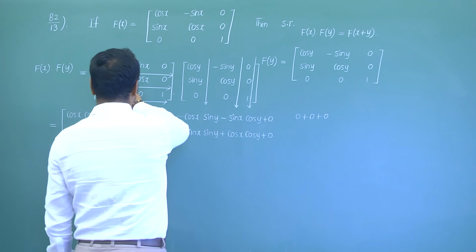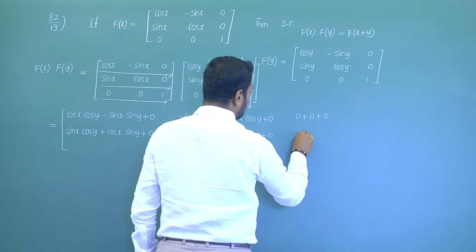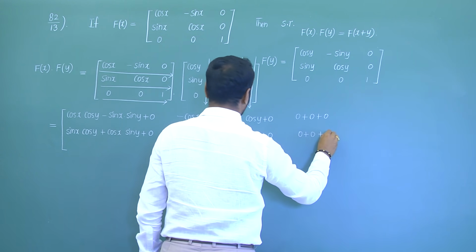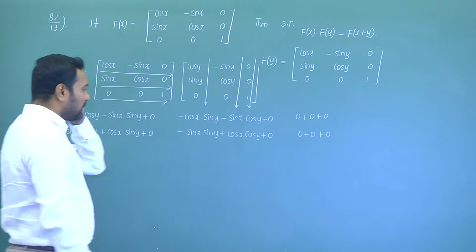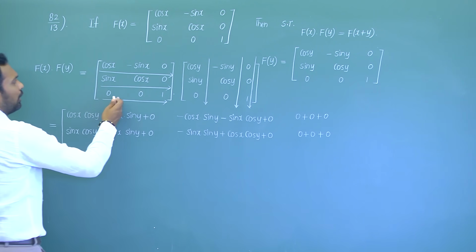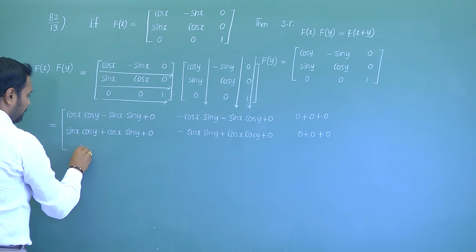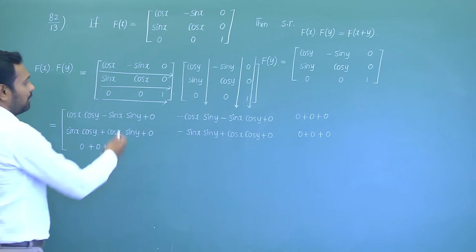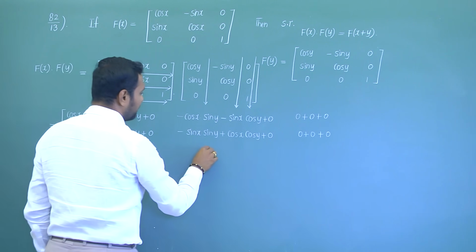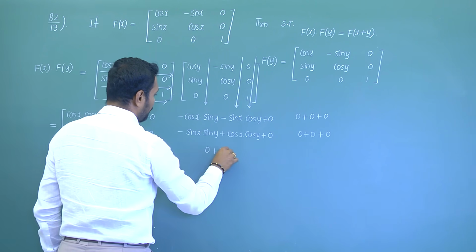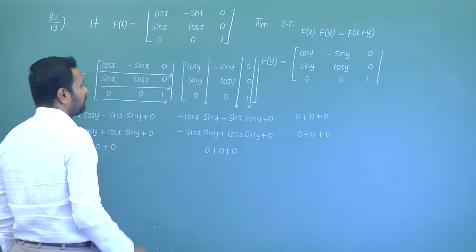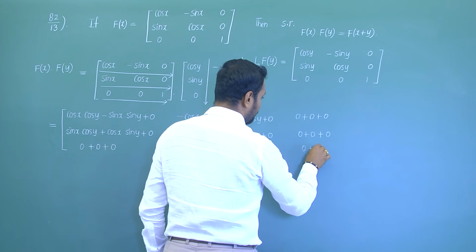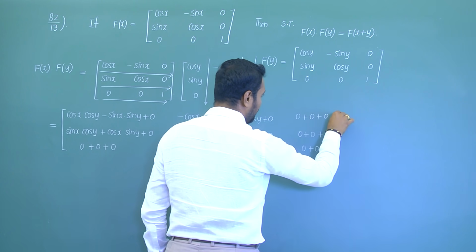Second row, third column element, sin x into 0 plus cos x into 0 plus 0 into 1, 0. Third row, first column element, 0 plus 0 plus 0. Third row, second column element, 0 plus 0 plus 0. Third row, third column element, 0 plus 0 plus 1.